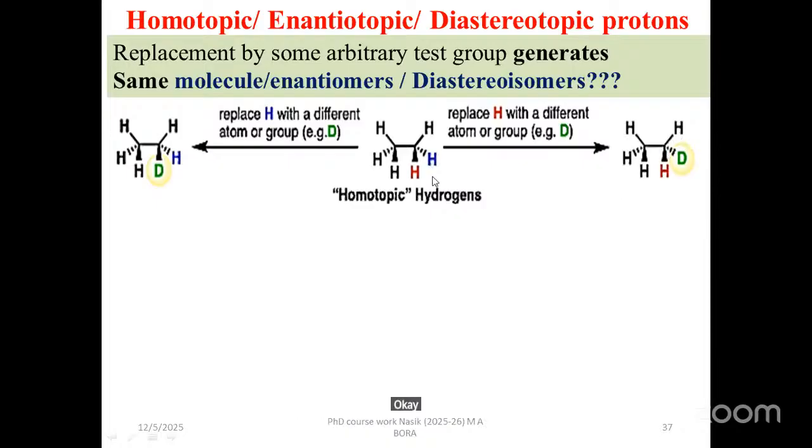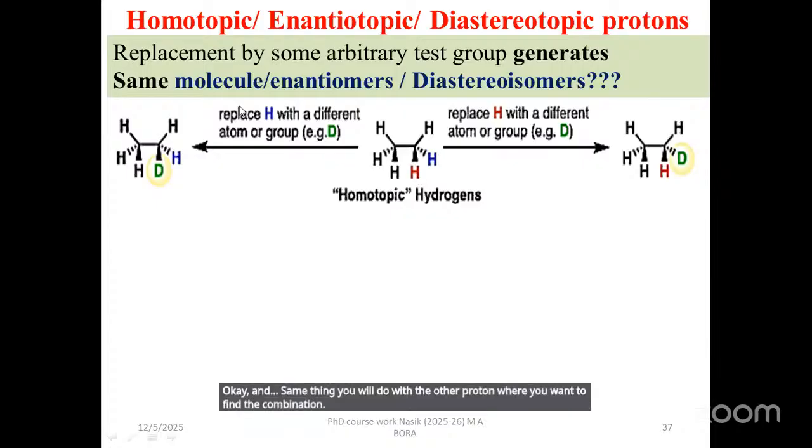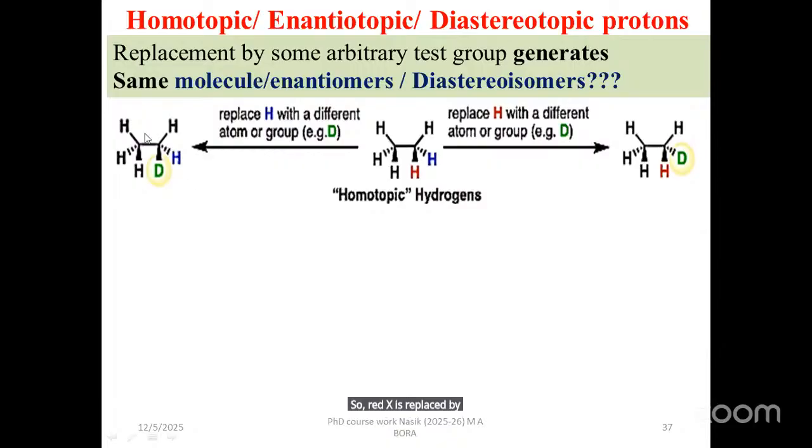Same thing you will do with the other proton where you want to find out the relation. So red H is replaced by D and I'll get this compound.